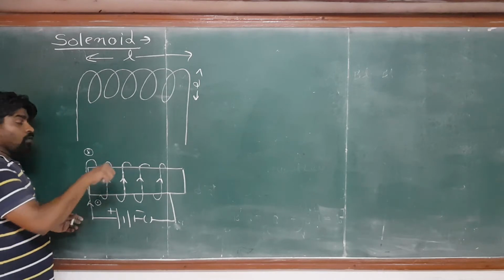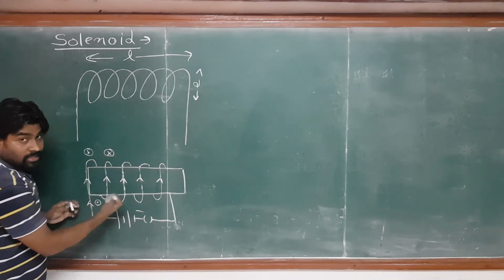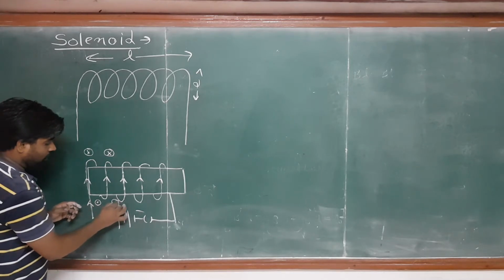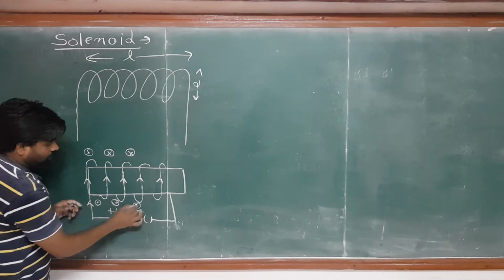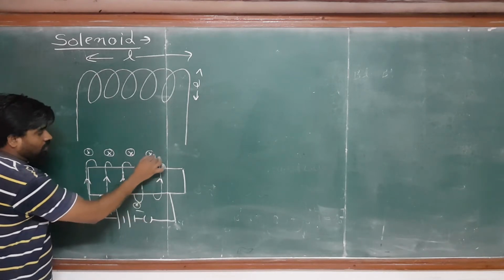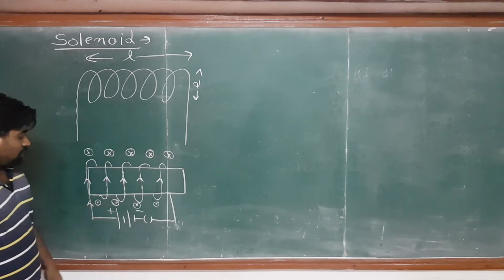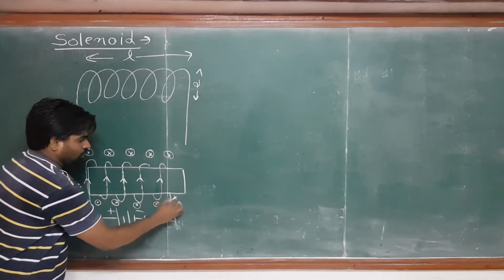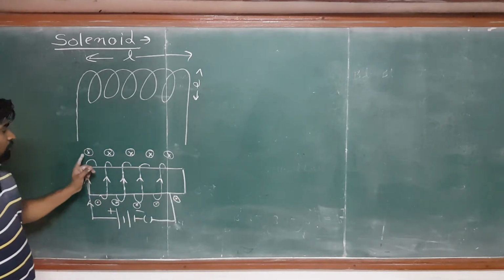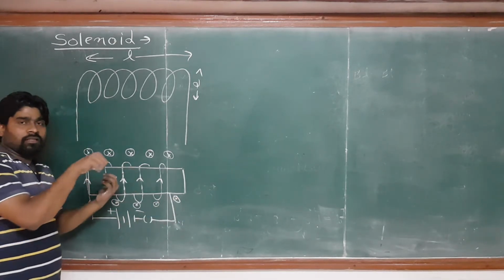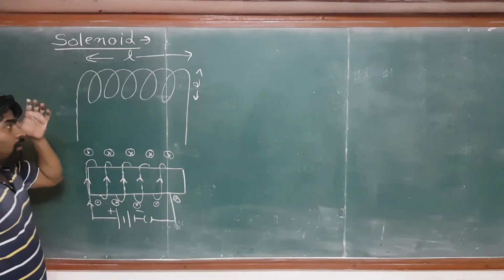Again it is going inside, so at this point you have to show the cross, and if it is coming out, you have to show the dot here. Again the cross, at this point dot, the cross, the dot, and the cross. So one more time you have to show the dot here. Right? So what is the meaning of the cross and dot? The cross is telling the current is going inside and the dots are telling the current comes out.